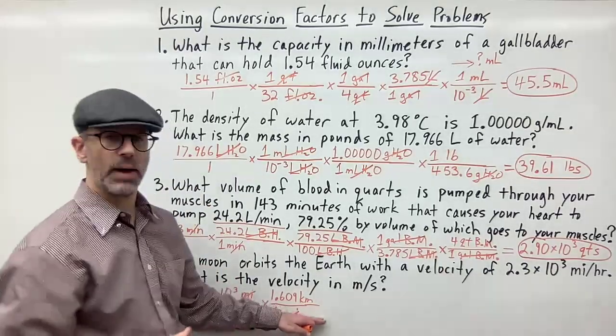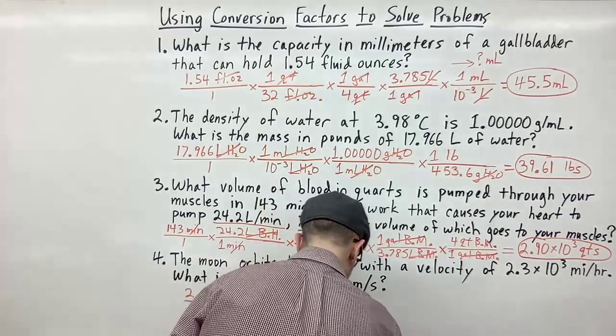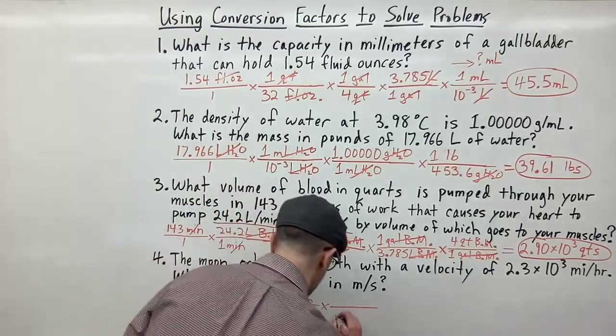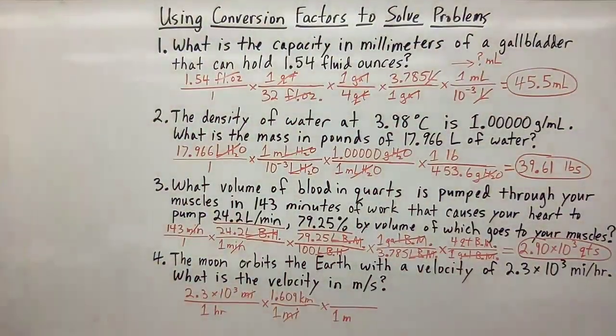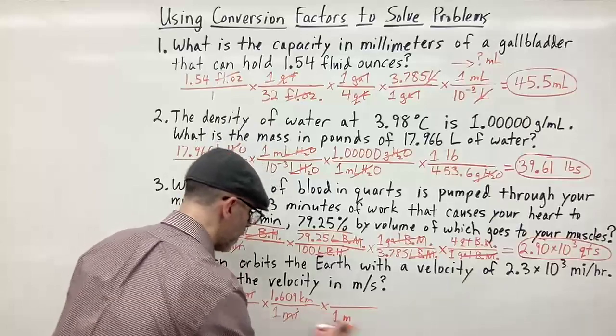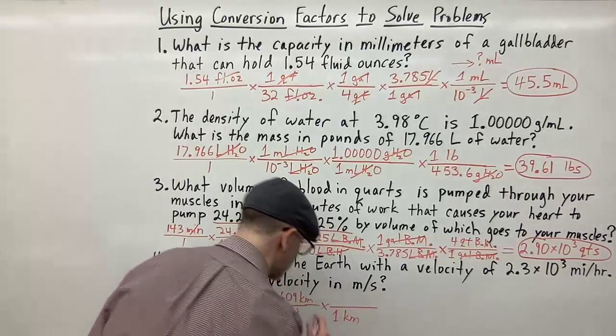And now I can convert kilometers to meters. So I'm going to go ahead and do that. So then kilometers goes on the bottom. So I know that 1 kilometer is going to go on the bottom, and kilo is 1,000.